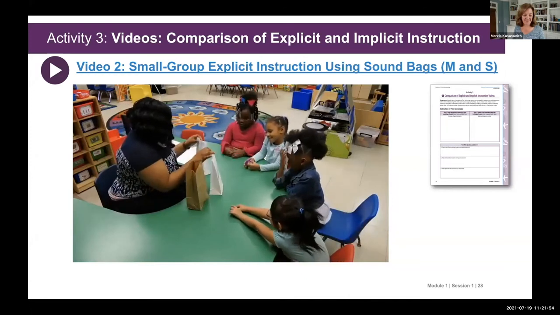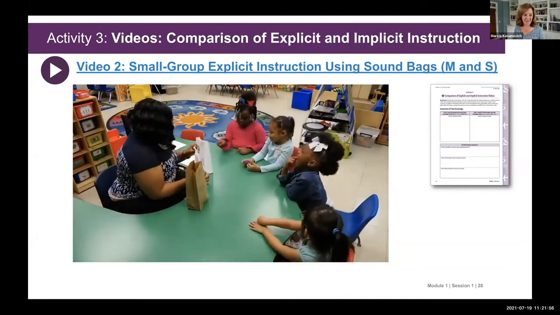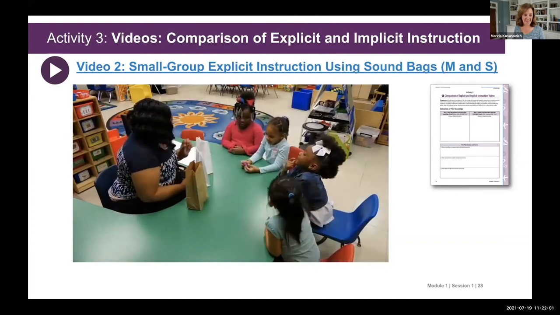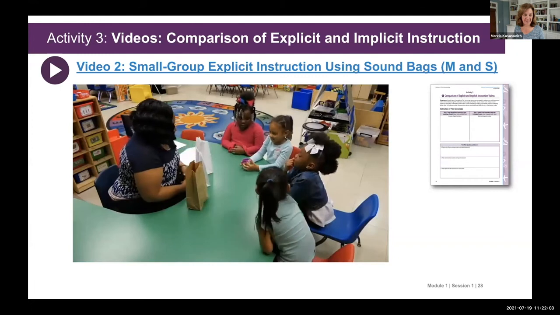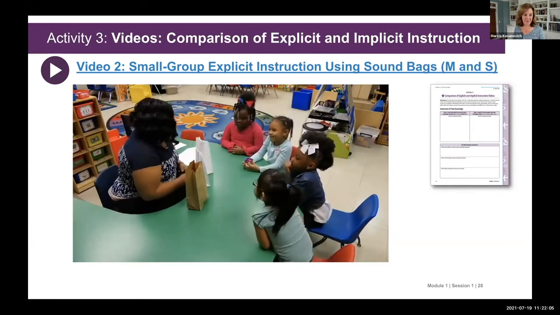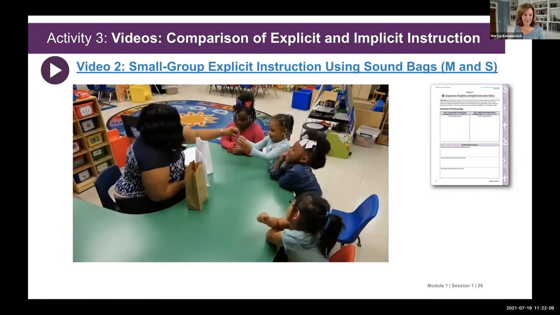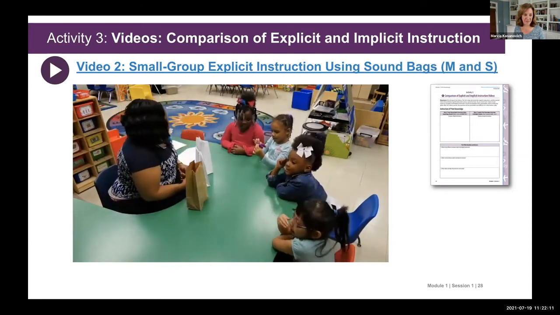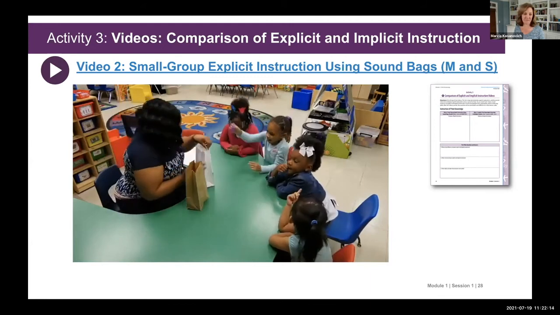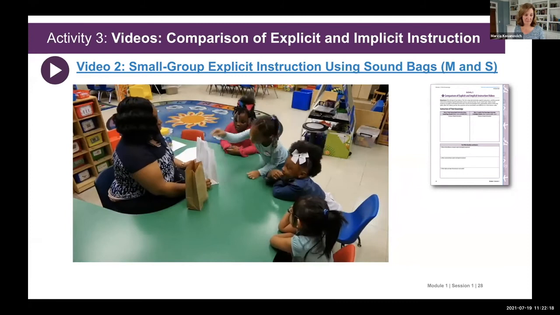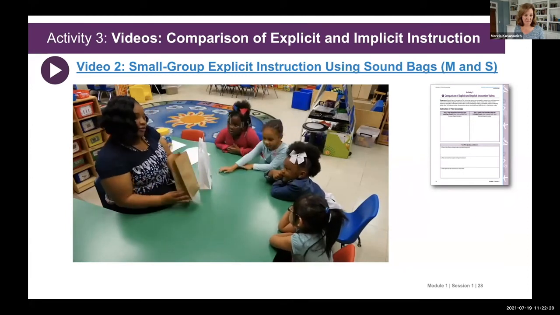What do you think it is then? You want to help her out, Ava? What letter do you think that is? M. That's an M. So can you trace it with your finger and say M? Now, what bag would M go in? This bag. Alright.